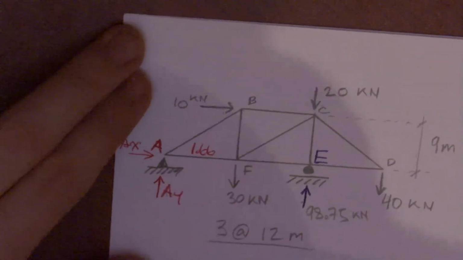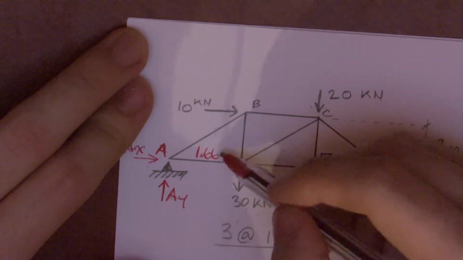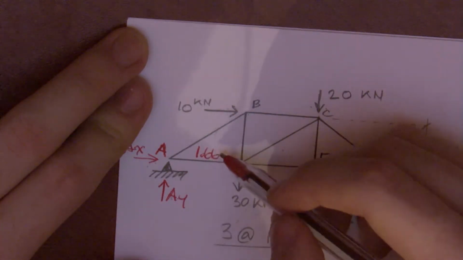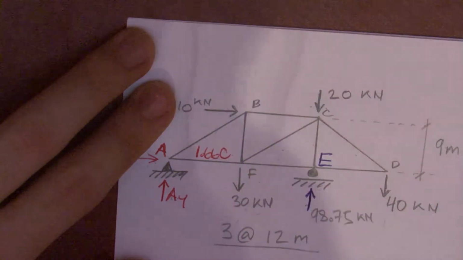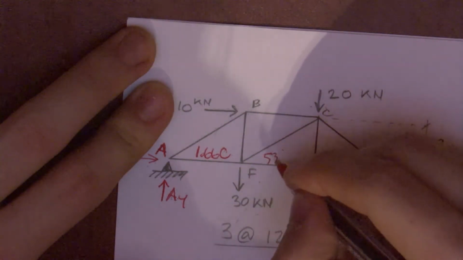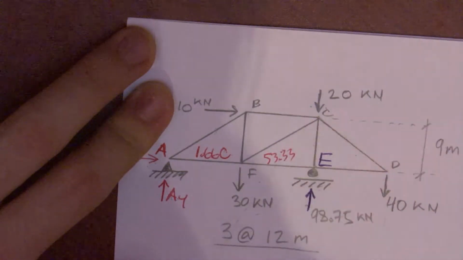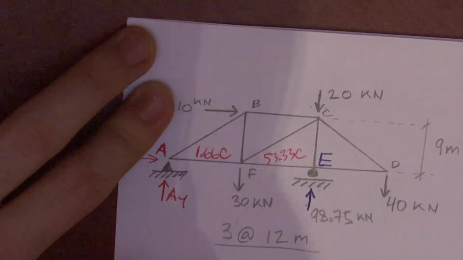Okay? So now we have 1.66 kilonewtons. Of course, I'm not going to write kilonewtons because I don't have enough space. That is pushing towards us, so that is compression. In this member, we have 53.33, and that is pushing into it, so that is also compression.